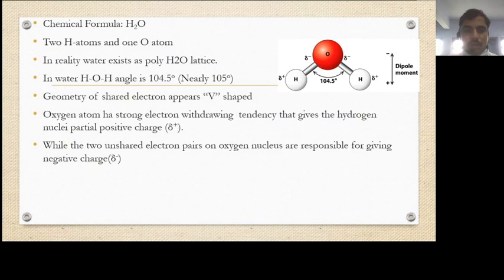Structure of water molecule. The chemical formula of water is H2O. Water molecule consists of two hydrogen atoms and one oxygen atom. In reality, water exists as a poly H2O lattice.